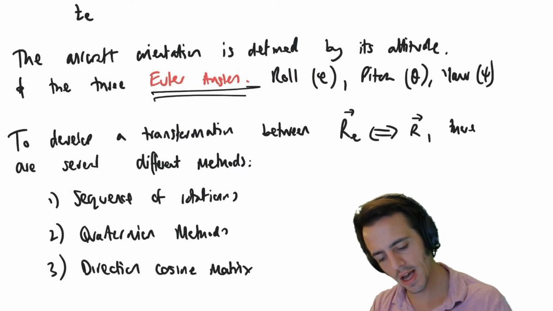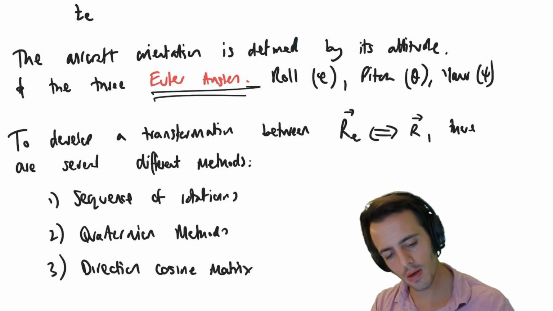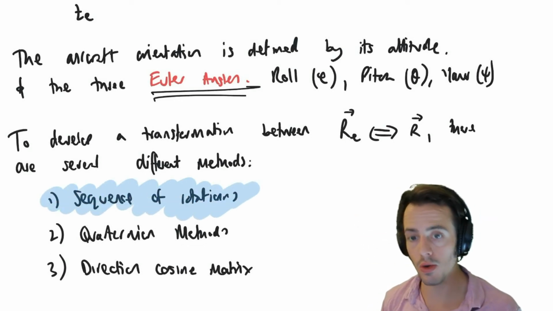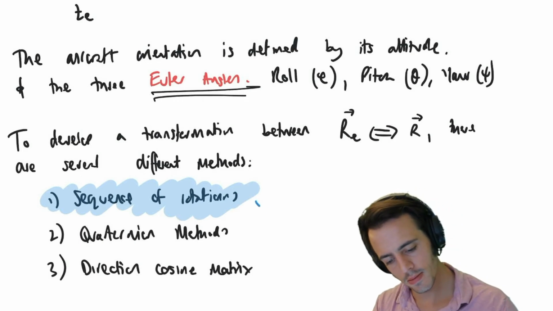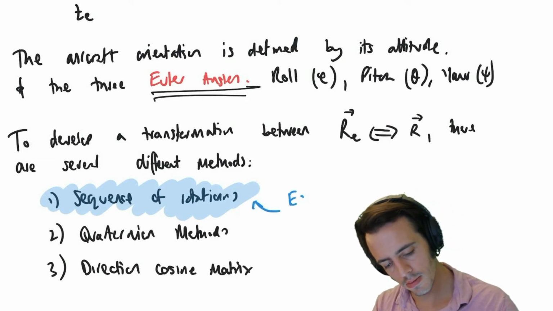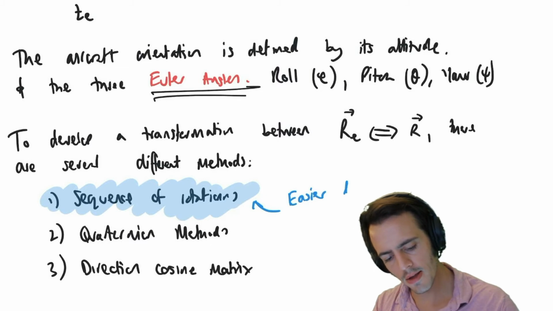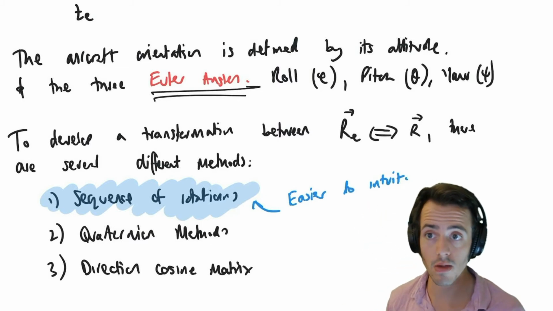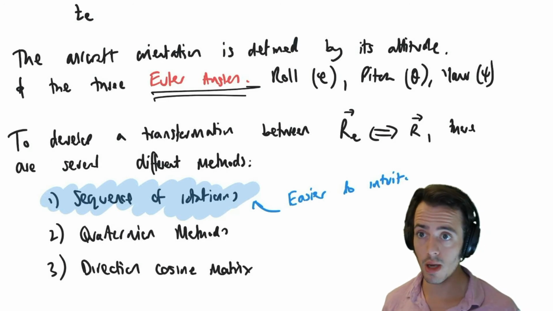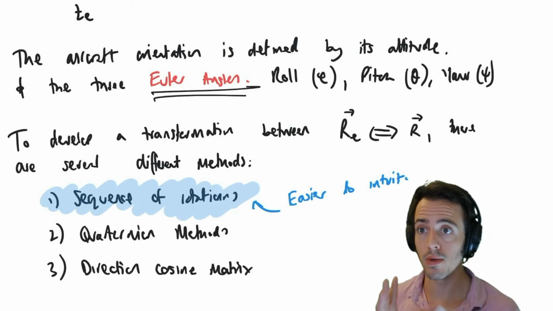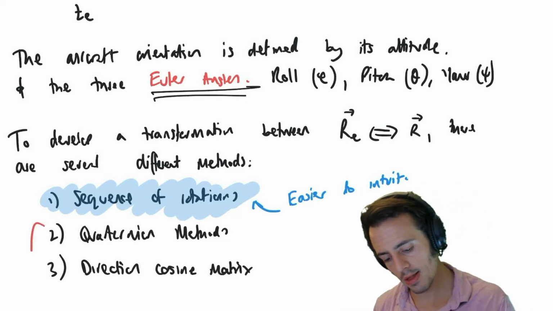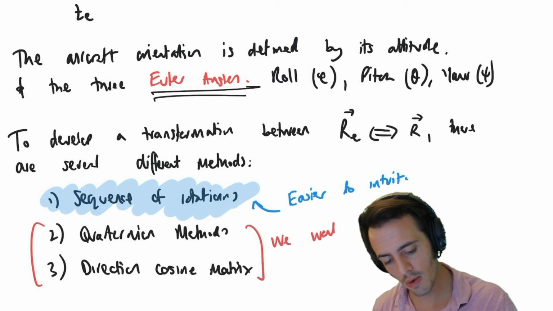Now for fixed wing aerodynamics, we can use this one. Okay, this is the easier one to use. Easier to intuit, we'll say. Okay, because we end up with a 3x3 transformation matrix that gives us the relationship between earth axes and body axes. These other two are slightly more complicated, so we won't explore them.